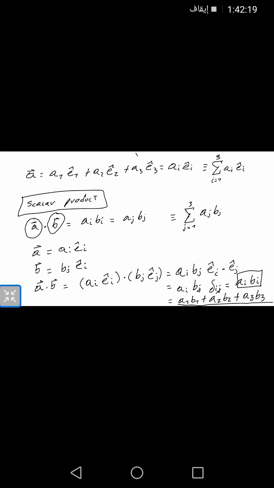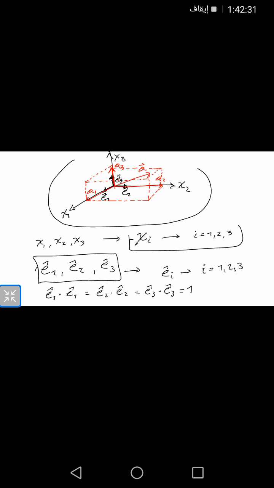We already show here the Kronecker delta, and this is very useful for index notation. And this Kronecker delta has the following properties.